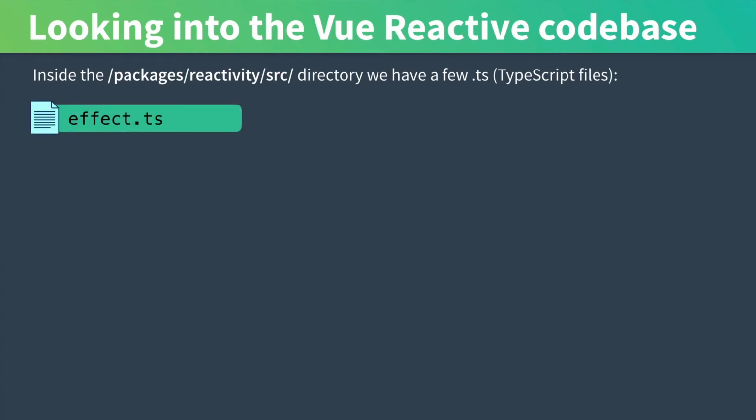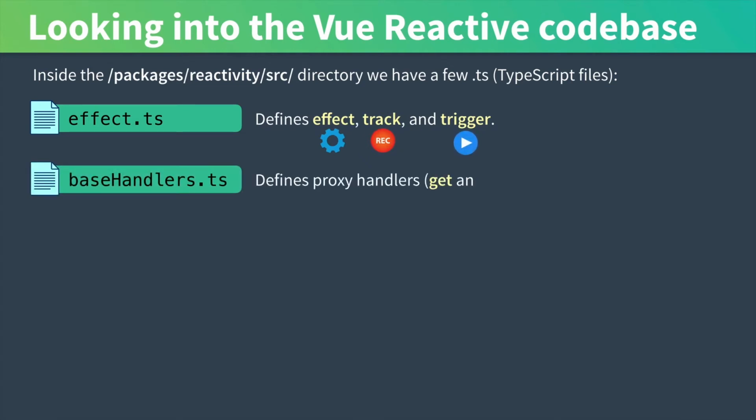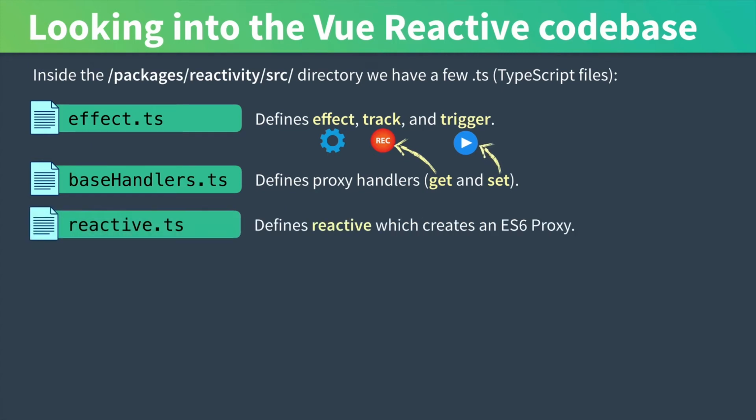First, there's the effect.ts file. Inside here is where it defines effect, track, and trigger. Then there's the basehandlers.ts file. This defines our proxy handlers, get and set, which call track and trigger. Then there's reactive.ts. This defines our reactive syntax, which creates an ES6 proxy using our get and set proxy handlers.